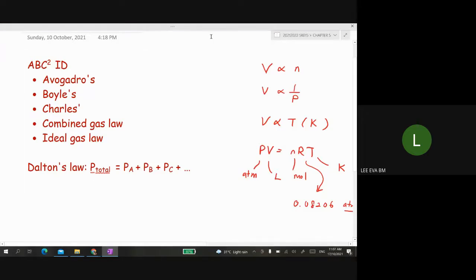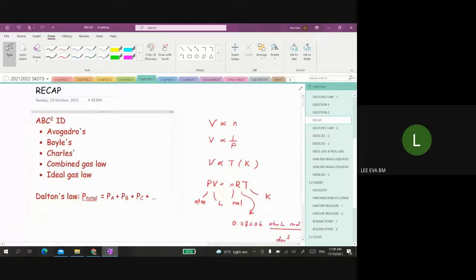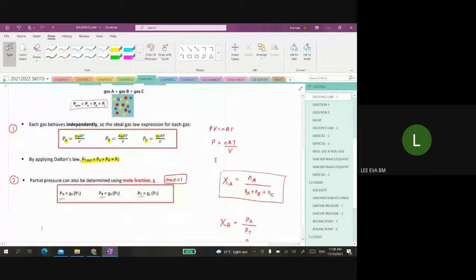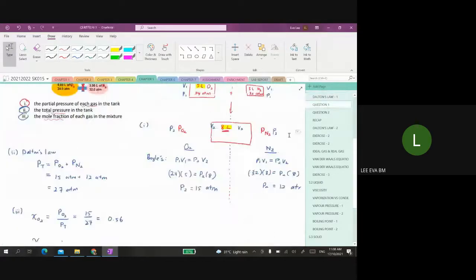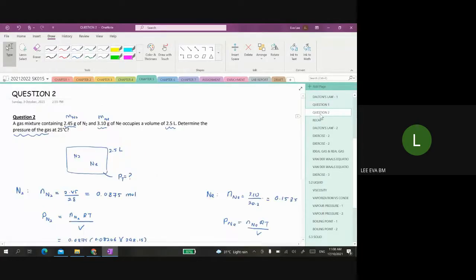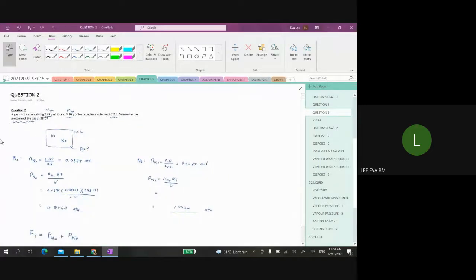And then let's see, where did we stop last time? Okay, so this is where we stopped. And also the example questions, we have question number 1 and also question number 2 over here. In your semester break enrichment exercise, you also have questions related to Dalton's law.